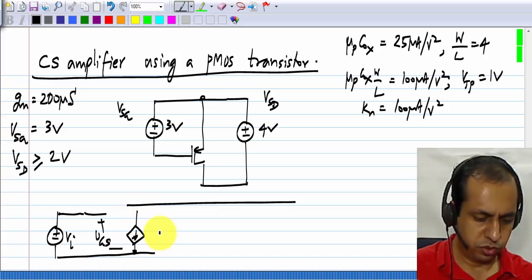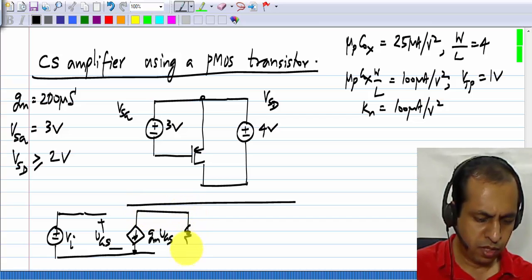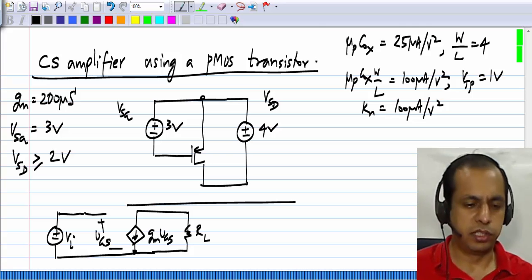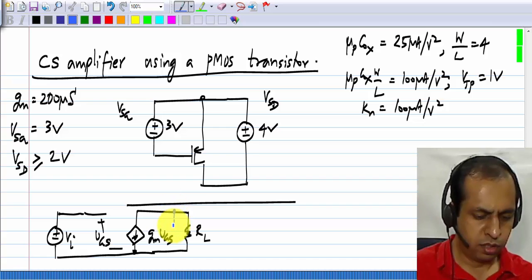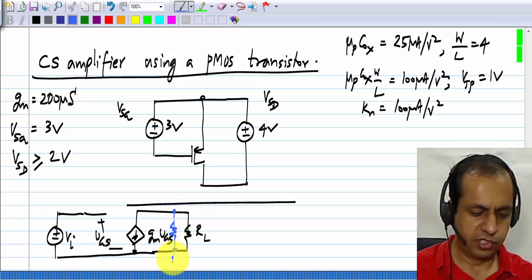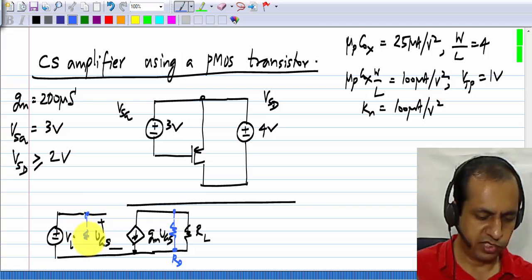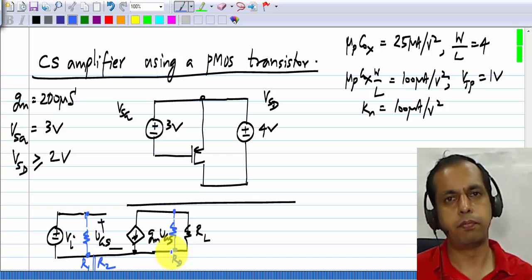We have the control source GM VGS, and we will have the load resistor RL. And just like before, from our experience, we know that there could be an extra resistance here for the sake of biasing, and there could also be extra resistances here for the sake of biasing.